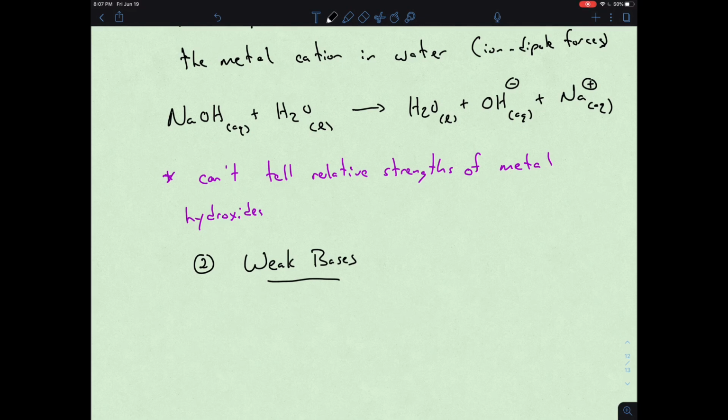And again, weak bases are molecules that only partially dissociate in water.